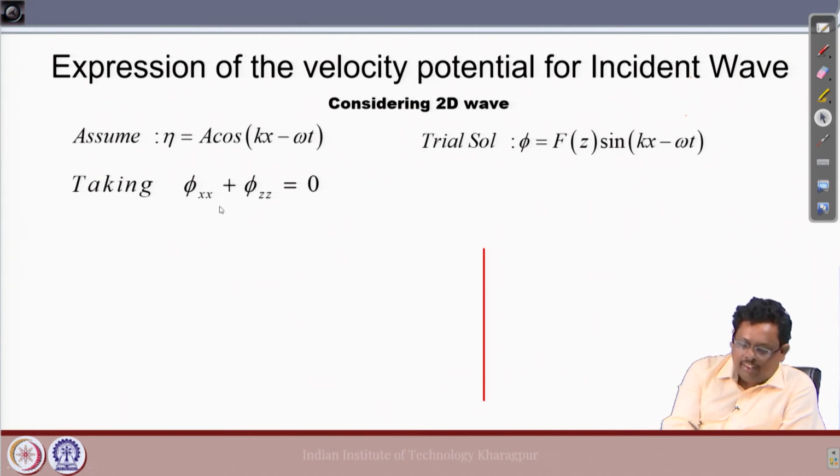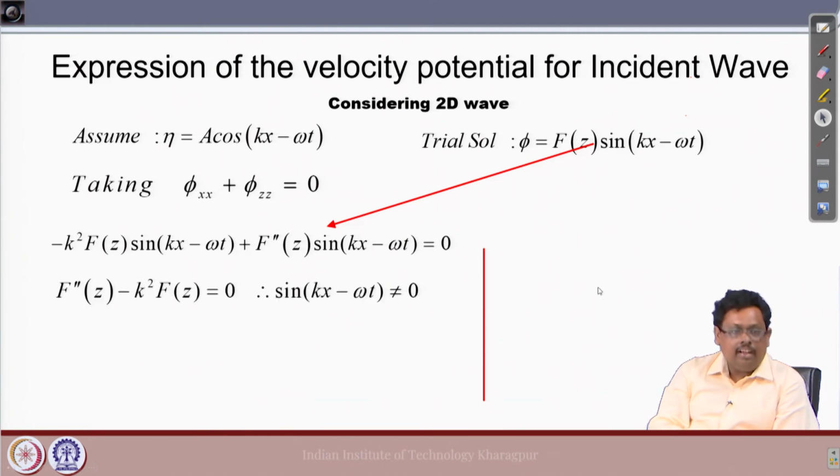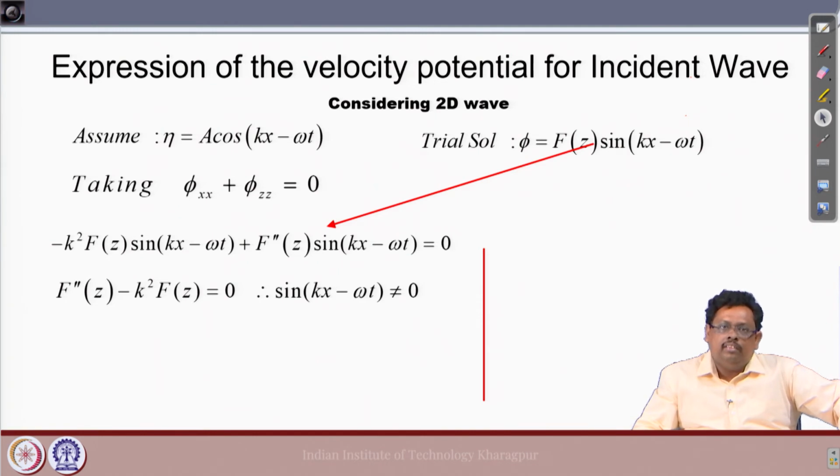If I differentiate φ with respect to x two times, then this −k² comes out. And if I differentiate φ with respect to z, then we have this function f(z), so it should be f''(z), right, fine. Since sin(kx − ωt) cannot be 0 throughout, definitely the other part should be 0, and therefore I get a very simple differential equation: f''(z) − k² f(z) = 0.